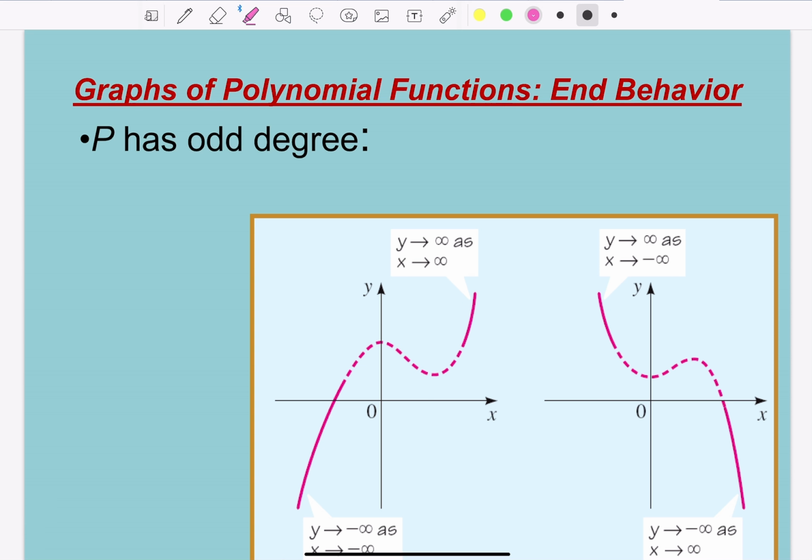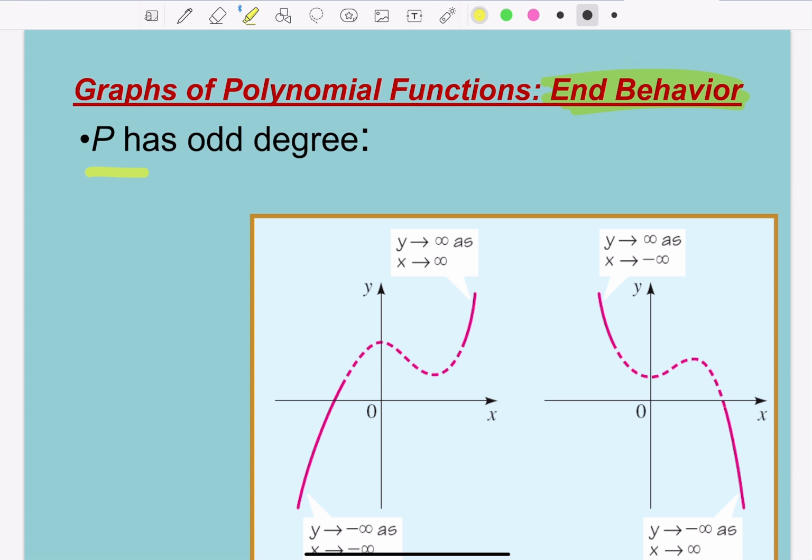Now we're going to discuss the end behavior of the graph of a polynomial function. Graphs of polynomials, in the middle, can be increasing or decreasing, but towards the end, they're going to follow a special behavior pattern depending on the degree and the leading coefficient.